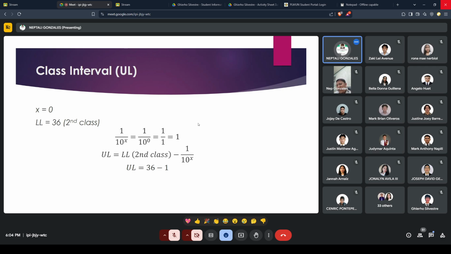Sa madaling sabi, hindi siya mahirap kung ang data ay pare-parehas. Nagiging mahirap lang siya kapag ang data ay magkakaiba ng decimal places. So I intended that your data are all in whole numbers when you answered your weight, your height, all the quantitative data in the student information sheet, so that you will not have difficulty in computing the statistical tools in our course.